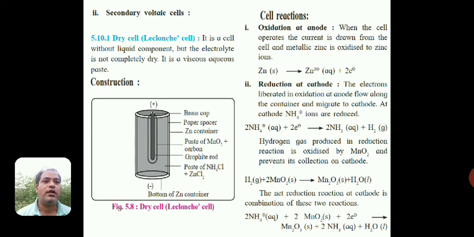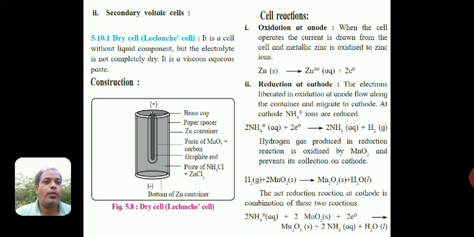Now the next one is cell reactions. Oxidation at the anode: oxidation means loss of electrons, so Zn gives Zn2+ plus 2 electrons. In the reduction, we get 2 NH4+ plus 2 electrons, which gives 2 NH3 plus H2 gas.